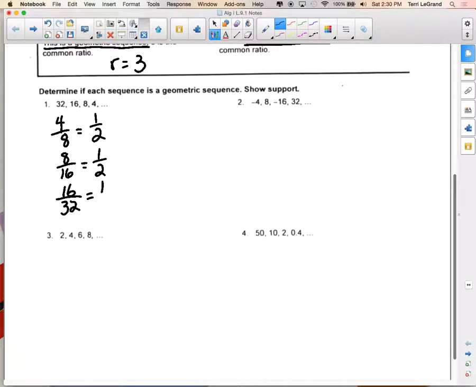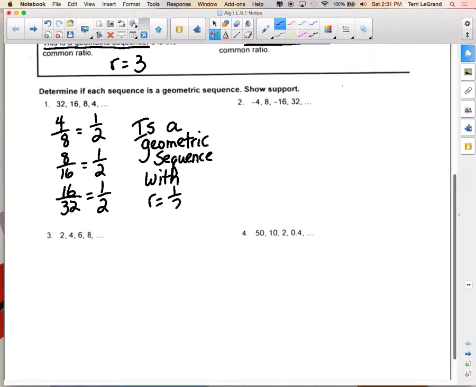Again, we can simplify that to 1/2. So we are going to say this is a geometric sequence with R equals 1/2. So that's determining with support.